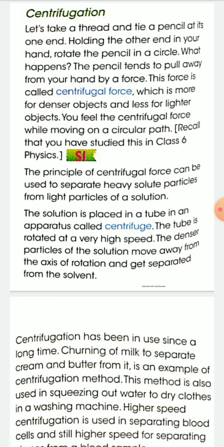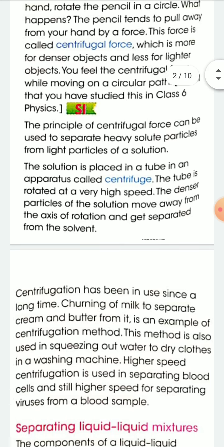Okay, so these are examples of centrifugation. Higher speed centrifugation is used in separating blood cells, and still higher speed for separating viruses from a blood sample. Okay, these are examples of centrifugation.